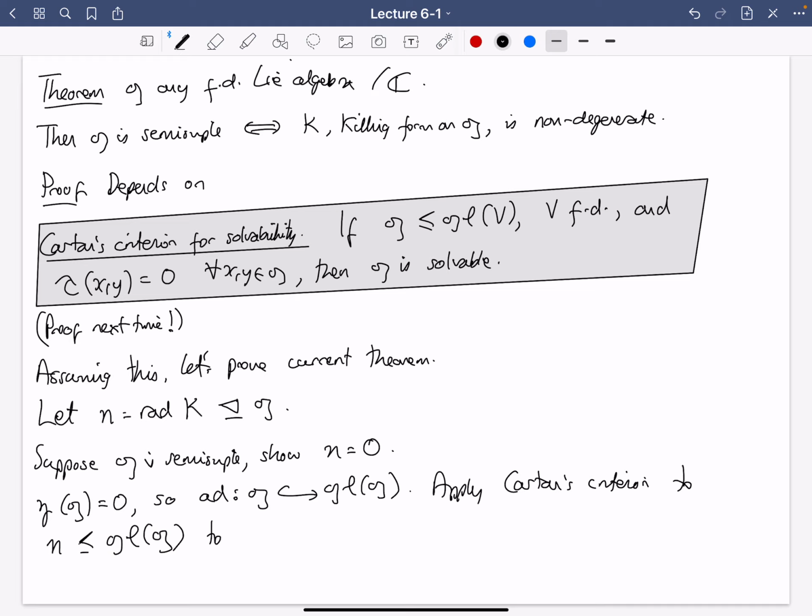So we do this, and we get that n is solvable, but we're assuming that G is semi-simple, which means that it has no non-zero solvable ideals. So this means that actually n is 0, and that does the job. So the Killing form is non-degenerate.